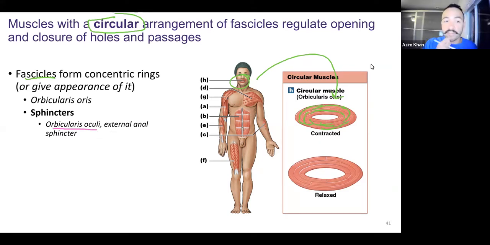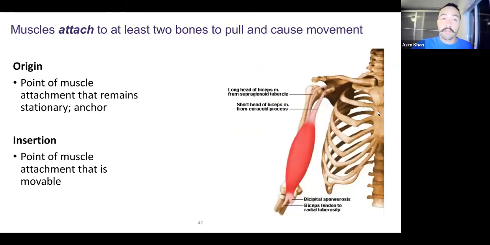Your orbicularis oris is around your mouth. Orbicularis oculi is around your eyes, to close your eyes. And then your anal sphincter, your external anal sphincter, is also a circular muscle. So those are our three arrangements of muscle fascicles: parallel, pennant, and circular.